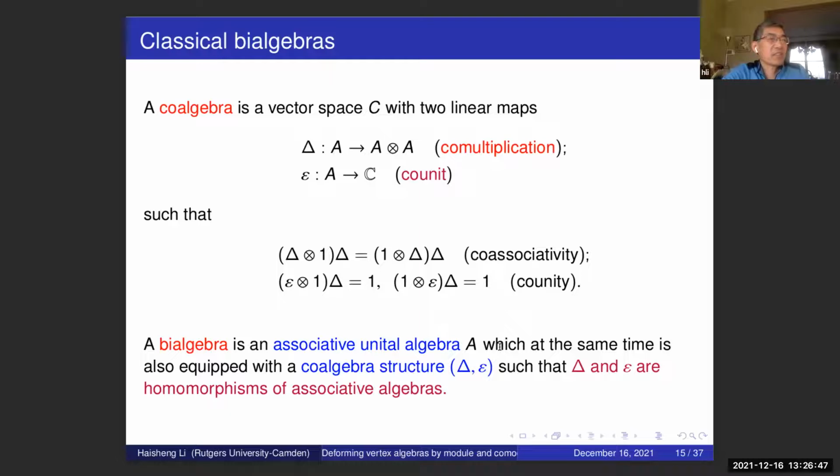Bi means two things: we have an associative algebra structure, and on the other hand we have a coalgebra structure on the same space. The coalgebra structure maps, the comultiplication and counit, are associative algebra morphisms. Equivalently, the usual multiplication and unit map are coalgebra morphisms also. That's it.